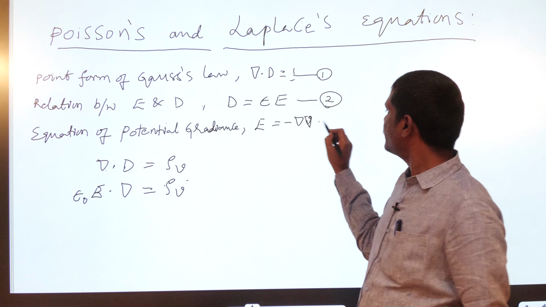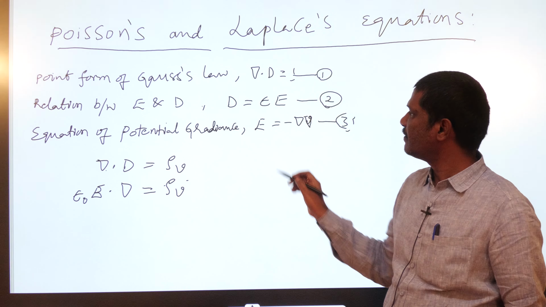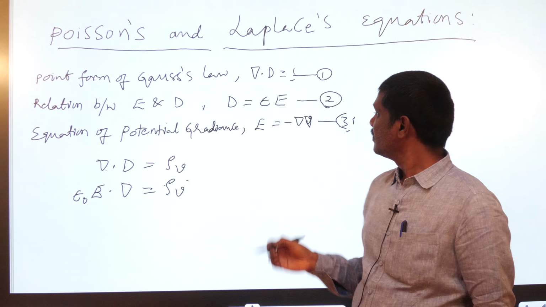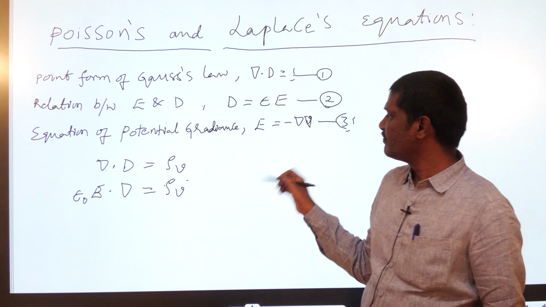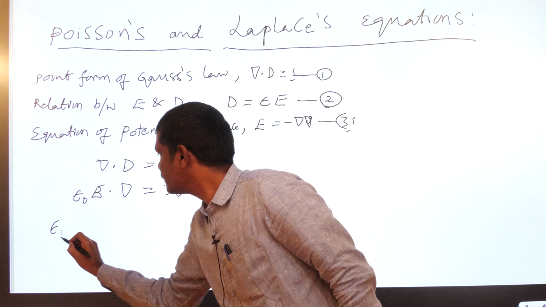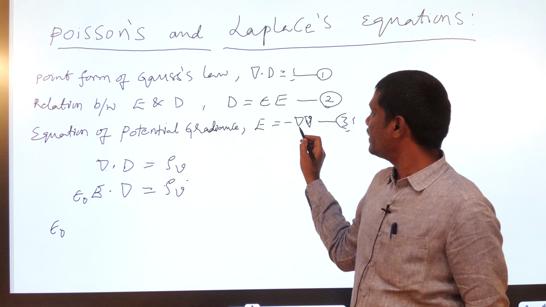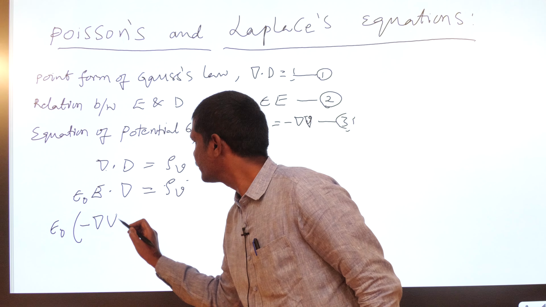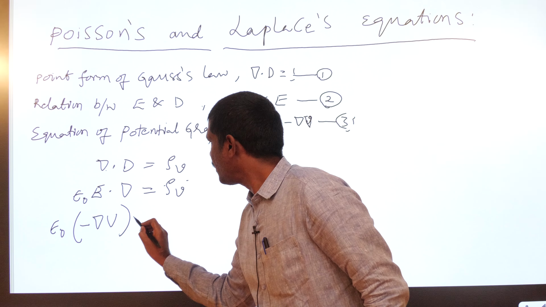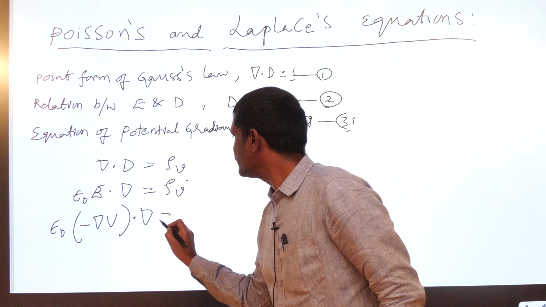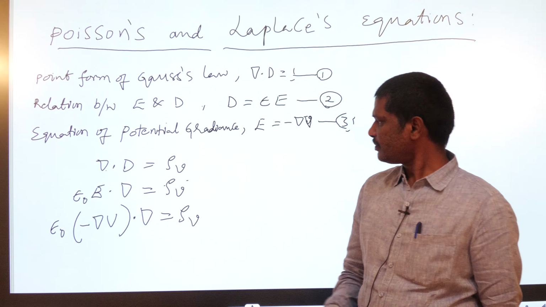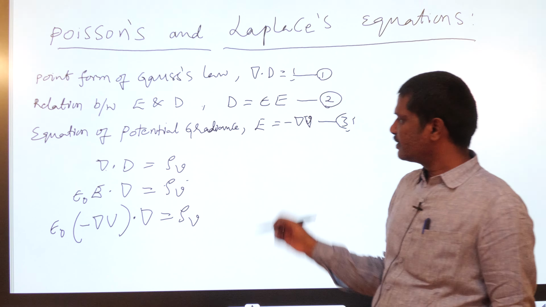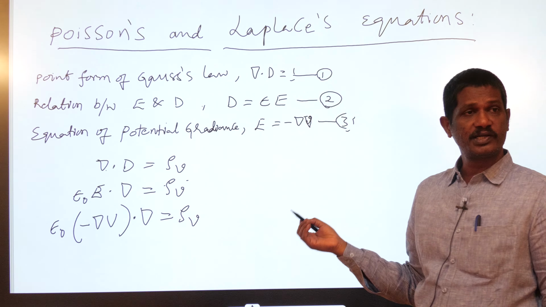Then take the third equation, which is our potential gradient equation, E equal to minus del V. Put minus del V in the place of E, which gives minus del V dot del is equal to rho V. Now take this epsilon to the right side.